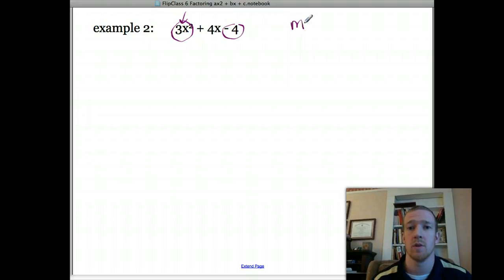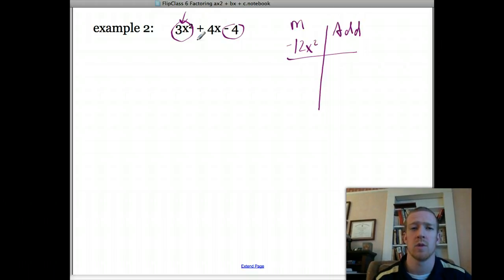So I need something that multiplies to a 3x squared times negative 4 is a negative 12x squared. That's what it needs to multiply to. And it needs to add up to. So start with the multiples and then think about what adds. It needs to add up to our 4x. So I first think about the multiples. Now I have a positive and a negative because it's got to multiply to a negative.